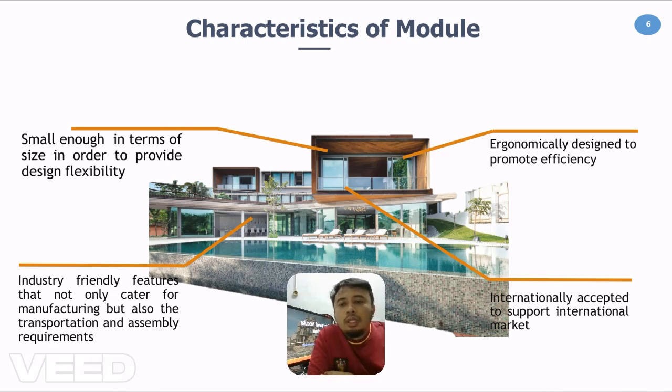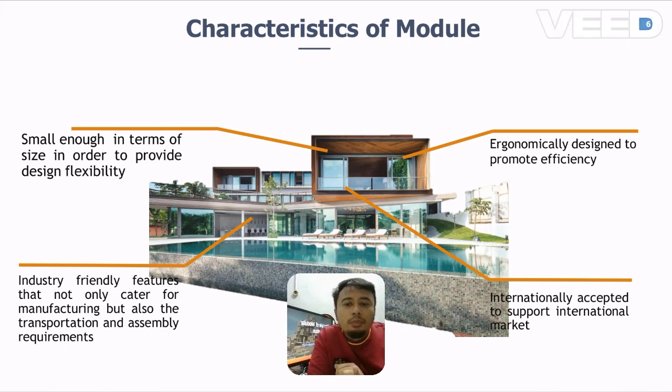First, the module should be small enough to allow design flexibility. For the sizing 1M, 3M, for example, in Malaysia 1M is equal to 100 mm. You can have one module equal to 25 mm if you prefer, but the Malaysian standard is 100 mm.